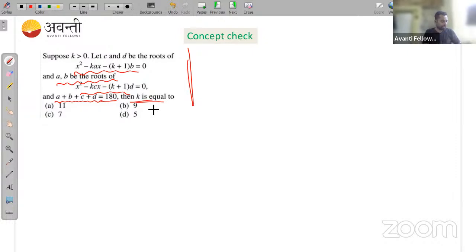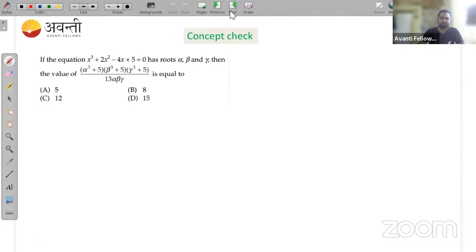I'm telling you just the method. Actually it will take time. Take it as homework. Try it at home. Here also you can use the method. It's a cubic equation and theory of equations.